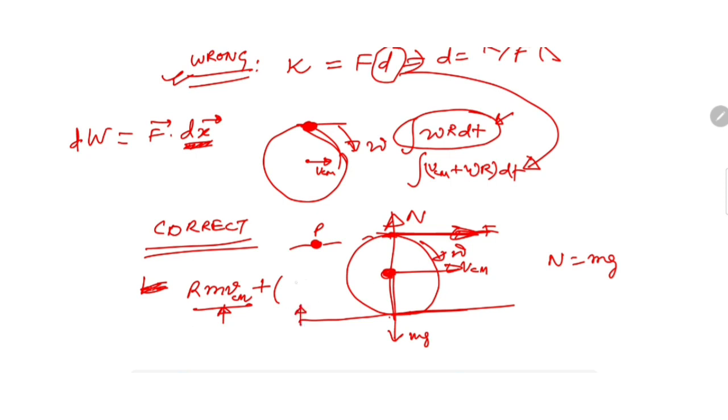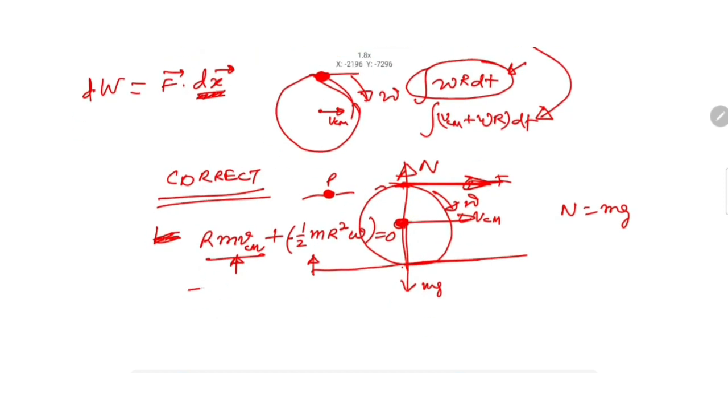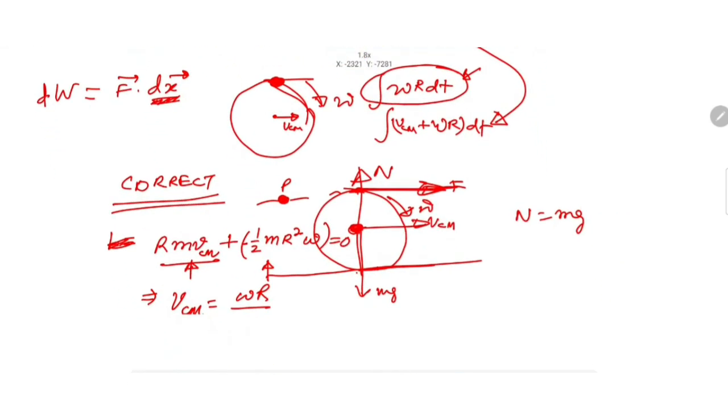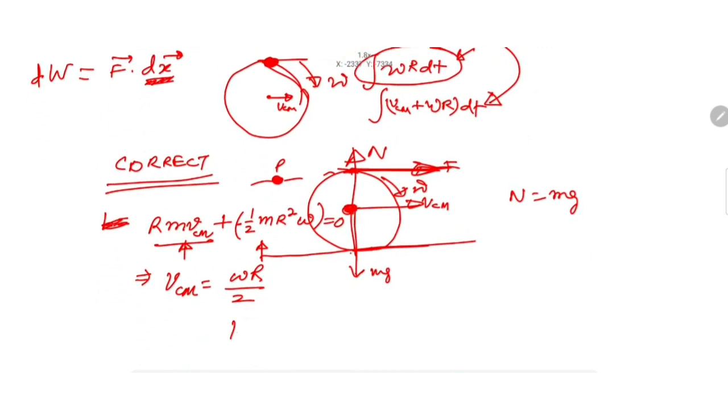So I about the center of mass is half mr square, into omega, and this has to be in negative sign because the direction is opposite, so this must be equal to 0, and when we equate it to 0, we will get that vcm equal to omega r divided by 2, right? So we can write that kinetic energy K is equal to F times integral vcm plus omega r dt.